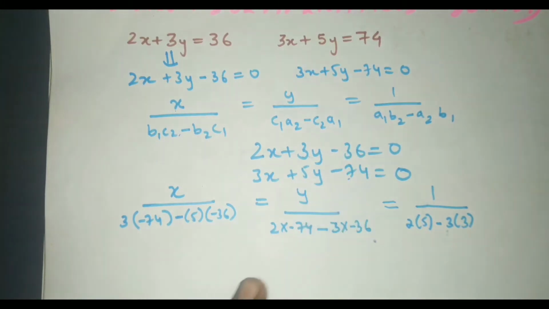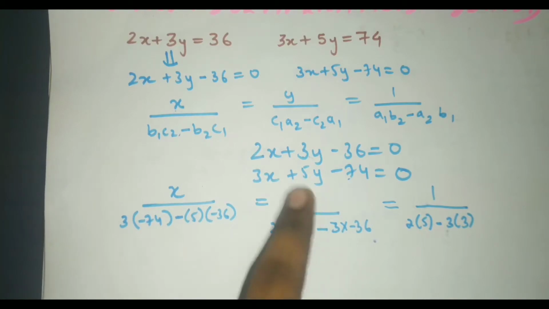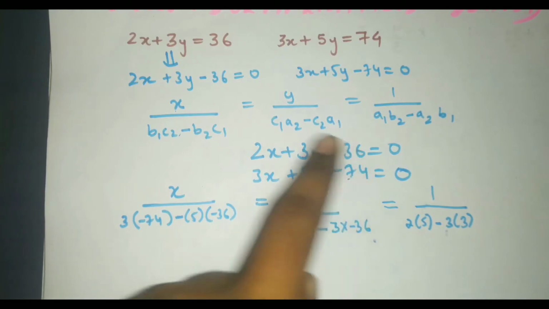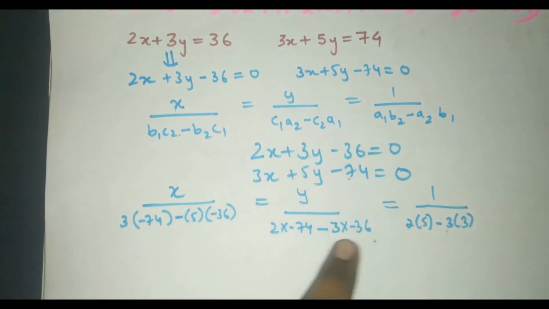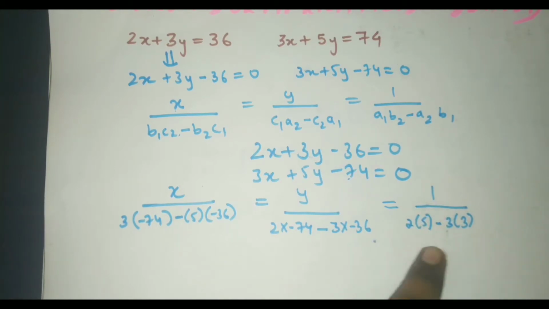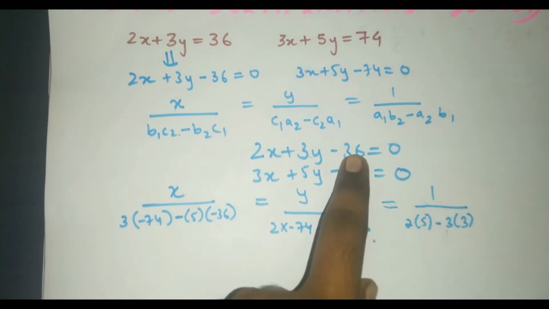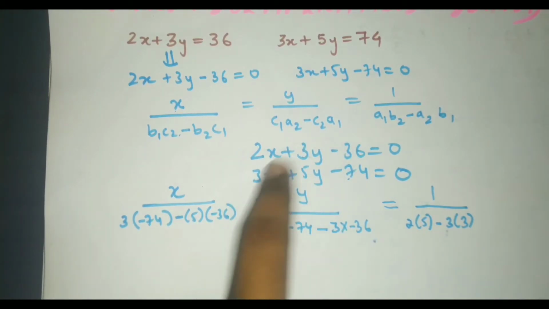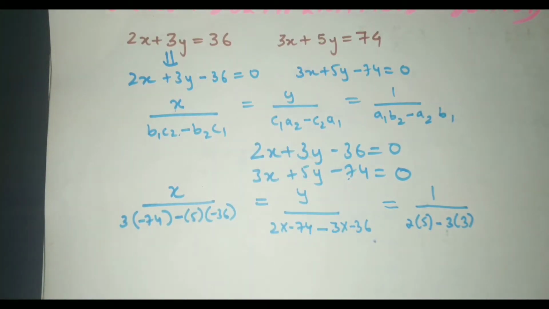Then y by: leave the y terms and see the other terms, so 2 into minus 74 minus 3 into minus 36. Then 1 by: leave the constant terms, see the other two terms, 2 into 5 minus 3 into 3. So this is a simple way you can proceed.